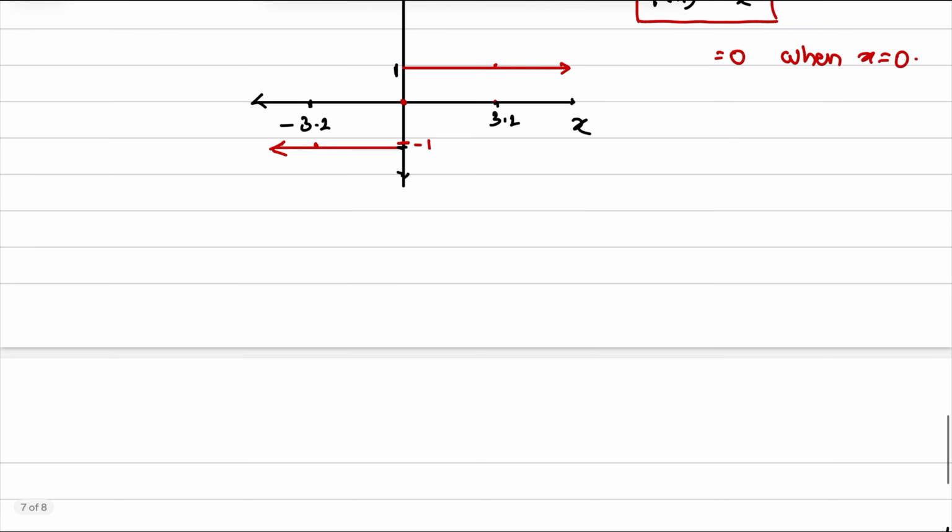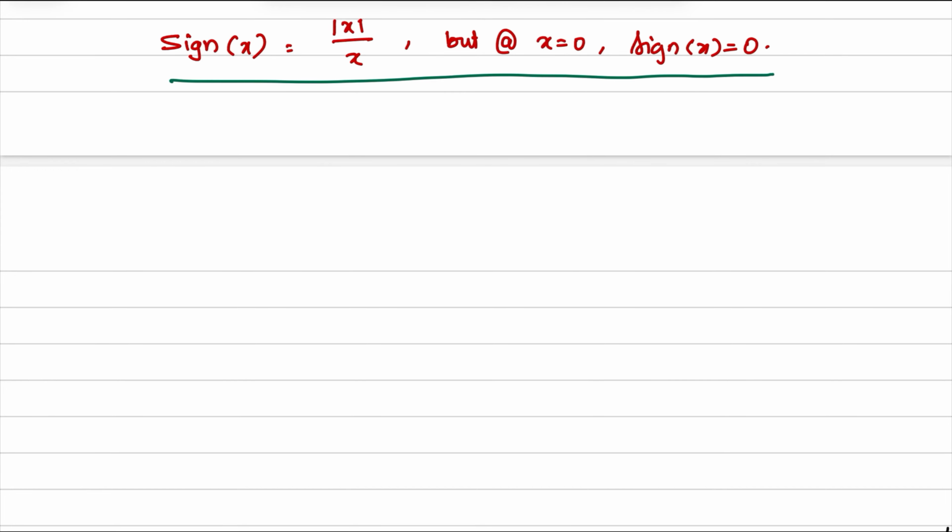That means the Signum function can be written as Signum x can be written as modulus of x by x for all values of x except 0, but at x is equal to 0, Signum x is equal to 0. That means function x is equal to 0. This you please remember.